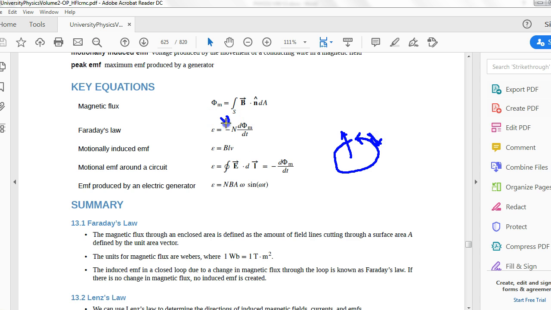That's why this little negative sign is there. That EMF produces a magnetic field that goes the other way. So if you have a current circling around this way, you're producing a magnetic field that opposes the increase in the magnetic field there. That's what this little negative sign is trying to tell us.